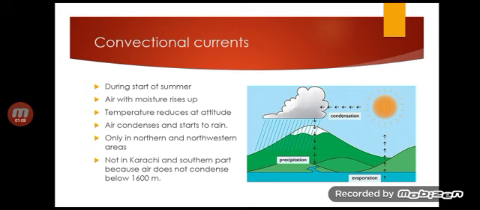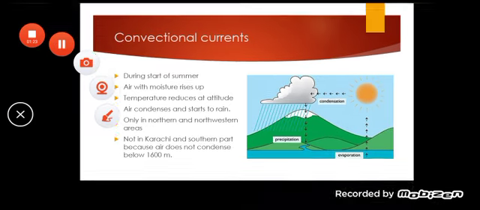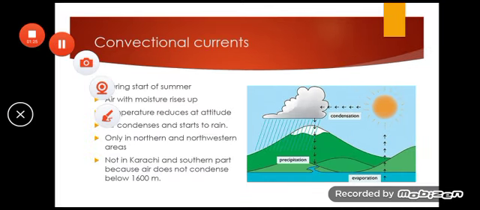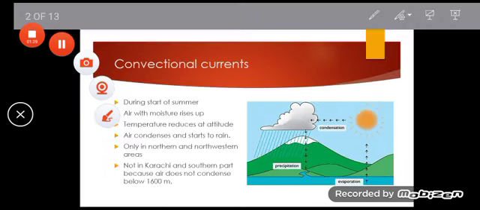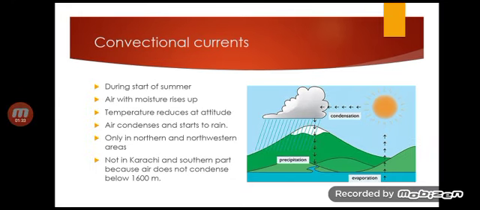Northern and northwestern areas of Pakistan receive these kinds of rains. These kinds of rains are a lot less common in the southern part, mostly because the air cannot condense below 1600 meters. And since most of the southern areas have very low elevation, convectional currents do not cause any rains in the southern parts of the country.